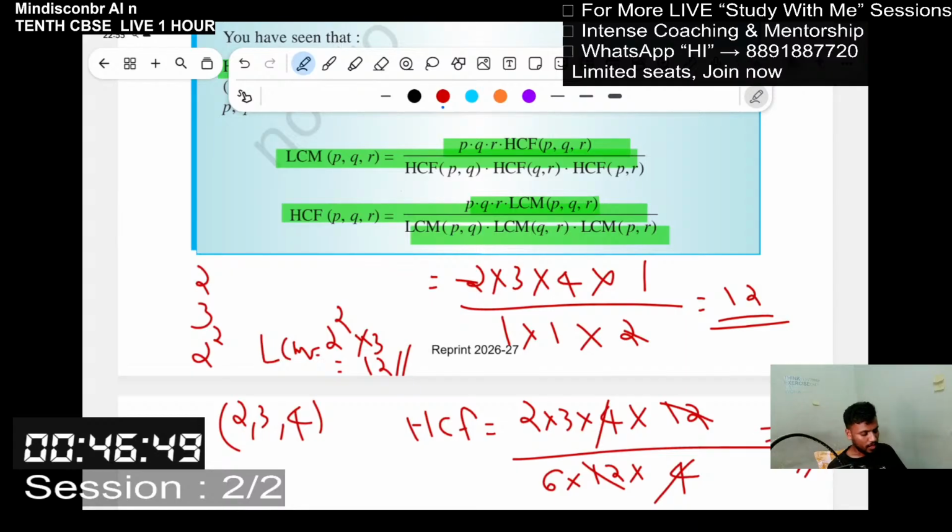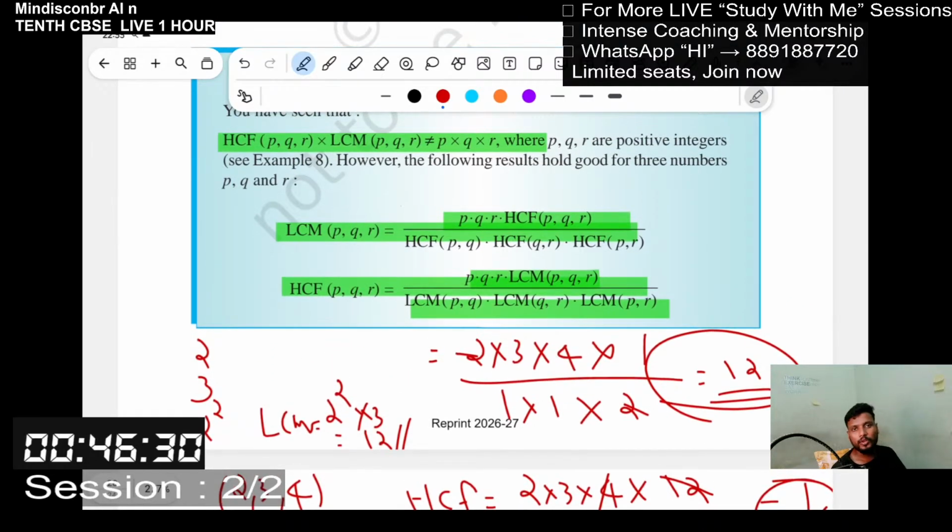So here also by the normal way we know that 2, 3 and 4 have no common factors. So we can say the HCF of these 3 numbers is 1 and LCM is 12.